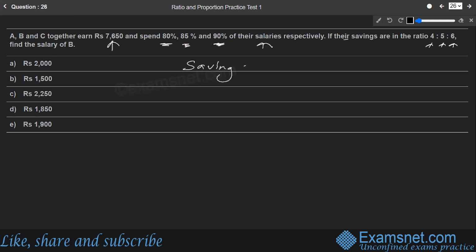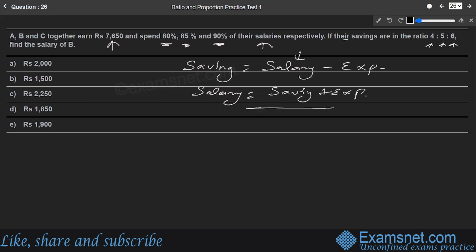Saving is total salary minus the expenditure, for all of A, B, and C. We can also say salary is equal to saving plus expenditure.